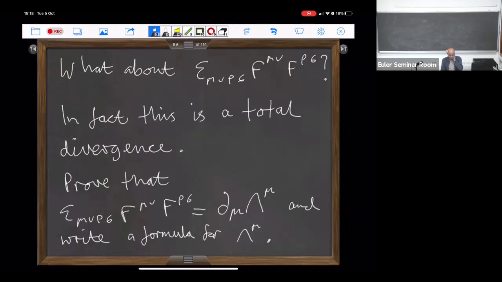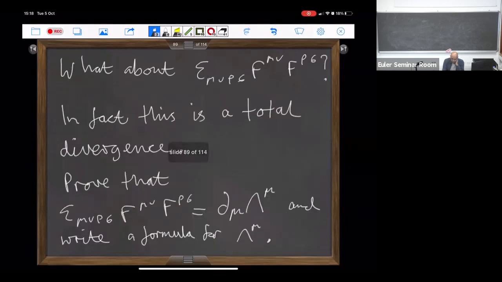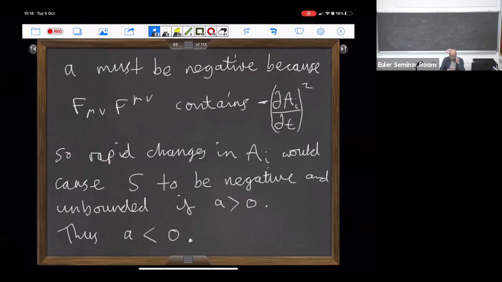So being a total divergence, it's not going to contribute to the equations of motion. Okay. So are there any questions about this formulation of Maxwell's theory before we move on?